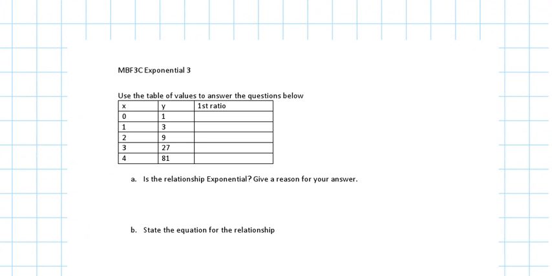So to find my first ratios, what do I have to do? y2 divided by y1. So that means I have to go this divided by this. What's 3 divided by 1? 3. Because that's a formula. The formula is y2 over y1.